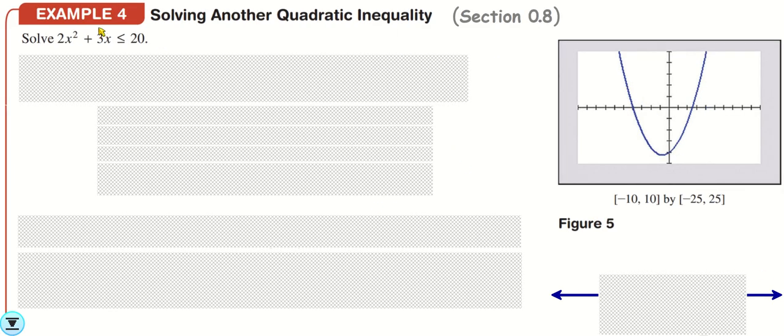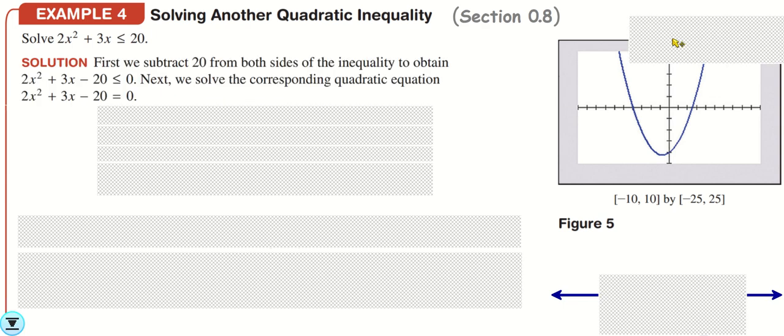This next example is kind of the same. For this one, remember, when you're trying to treat it as an equation to solve, you need it equal to 0. So what would you do to solve that?